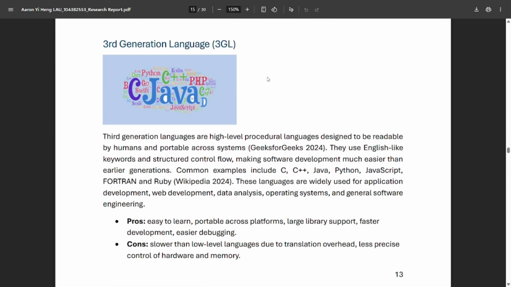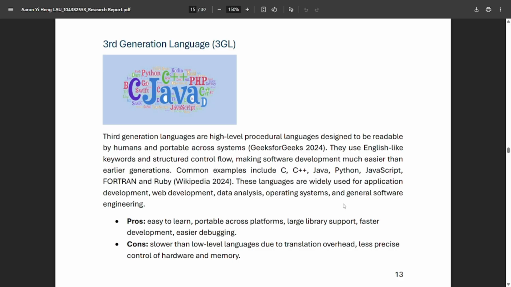The third generation is where programming becomes much more human-friendly. These are the high-level languages most people start with, such as C, C++, Java, and Python. They allow the programmer to write instructions using English-like keywords and structured logic, making programs easier to understand and maintain. These languages are also portable, meaning the same code can often run on different systems with minimal change.